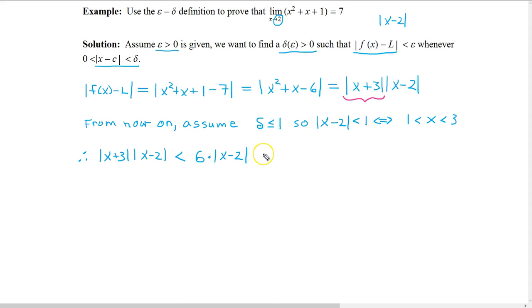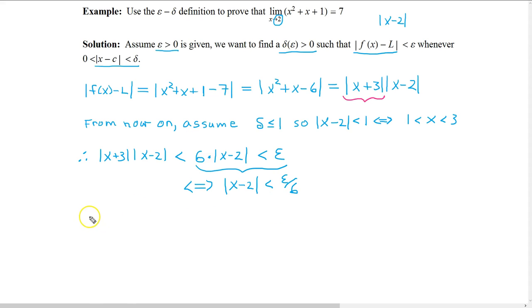So now we'll set this less than epsilon, and this part right here is equivalent to writing x minus 2 is less than epsilon over 6.